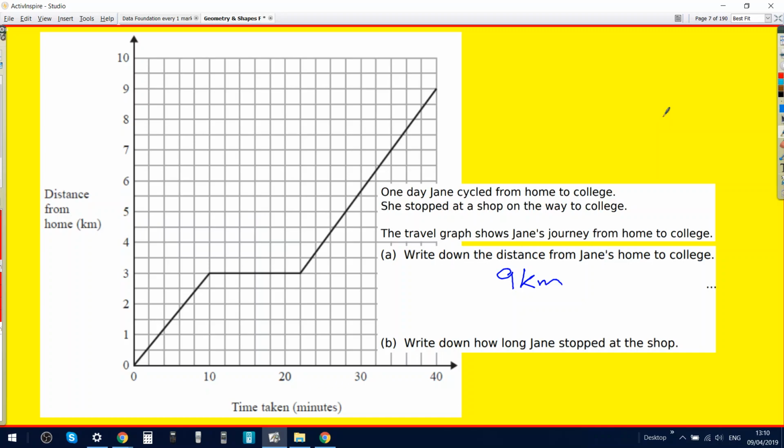So that would be 11 minutes. There's 5 squares between 20 and 30. So, sorry, 12 minutes.